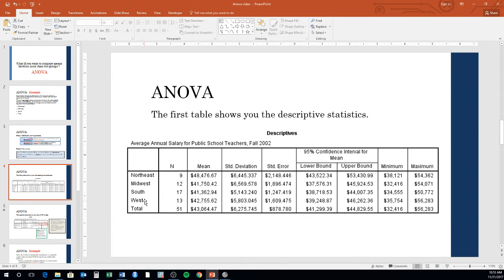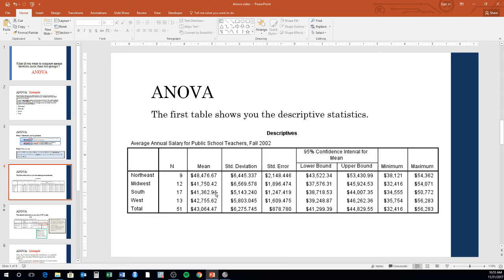So if I had to guess, I would probably say that teachers from the Northeast are going to make significantly more money than teachers from other regions. However, when you look at teachers from the Midwest, South, and the West, their salaries don't really differ all that much. They're all about $41,000. So I wouldn't expect them to be significantly different from each other.